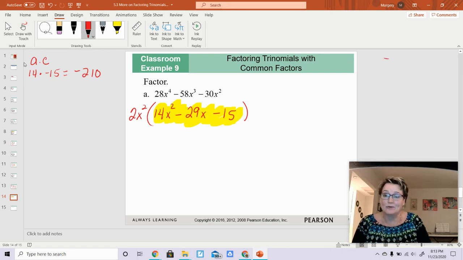So again, I don't know what it is, so I'm going to start with 4. I'm going to divide it by 4. No, that doesn't work. 210 divided by 5 is 42, that's not going to work. 210 divided by 10 is 21.